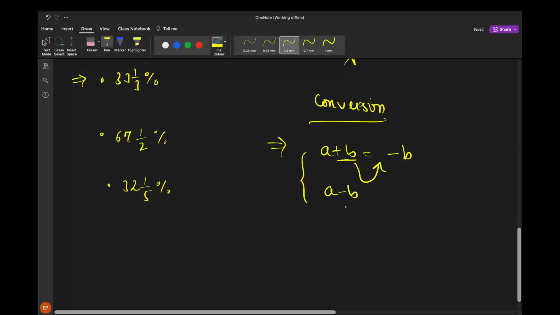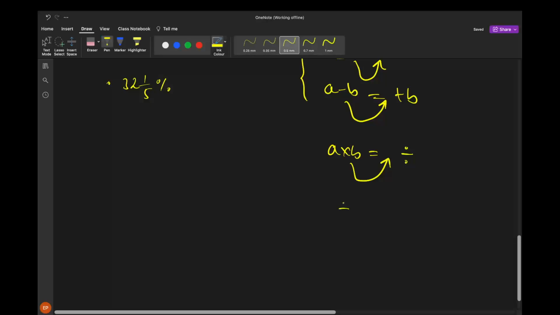A minus b, if I send minus b to that side, it will become plus b. A into b, if I send into b to the right side, it will become divide. If division goes to the right side, it becomes multiply. Just remember: plus becomes minus, minus becomes plus, division becomes multiplication, multiplication becomes division.